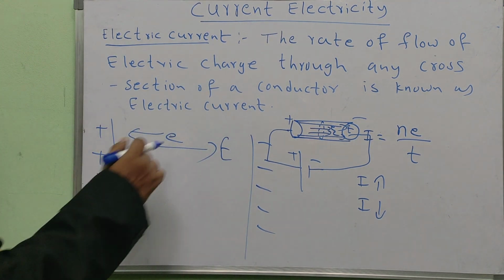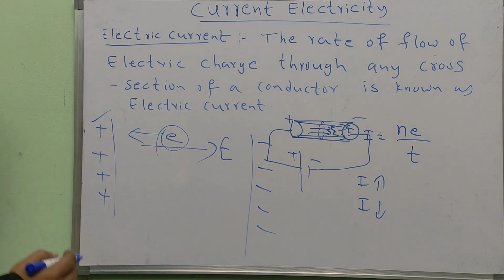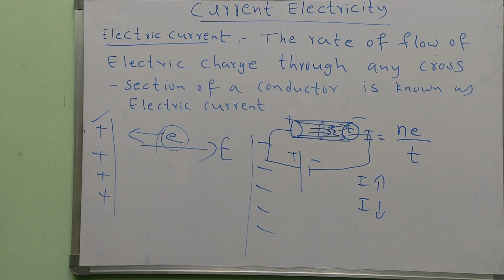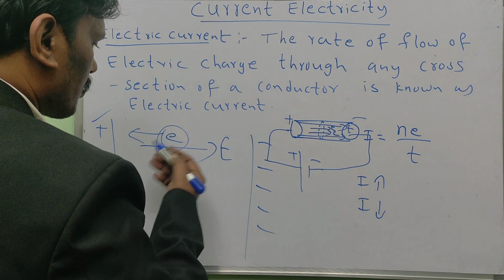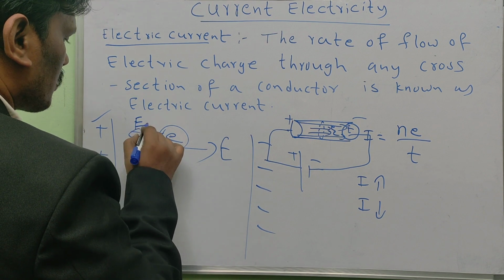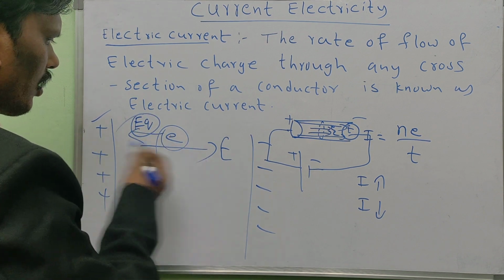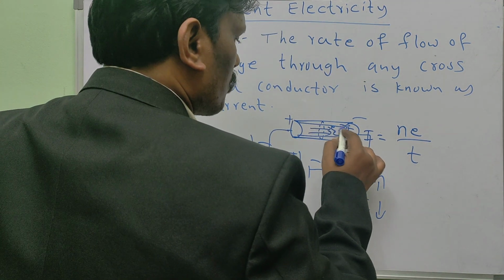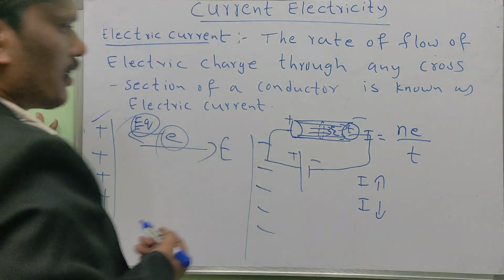It is attracted by the positive plates, otherwise repelled by the negative plates; both are the same sense only. So if some force acts on it, that force we call eE, acting opposite to the electric field direction on negative charges. That's why electrons move opposite to the electric field inside the conductor.